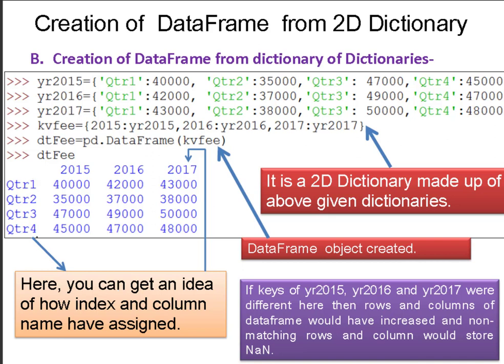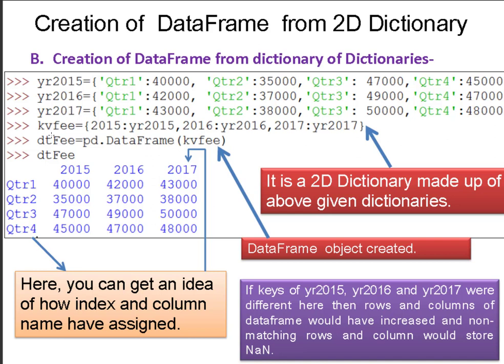So here you can get an idea of how the index and column names have been assigned. This is the column name, and the index is assigned. Clear? So this is the way to create a data frame from a dictionary of dictionaries. More than one dictionary can also be converted into a data frame.